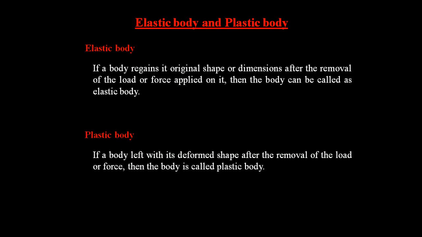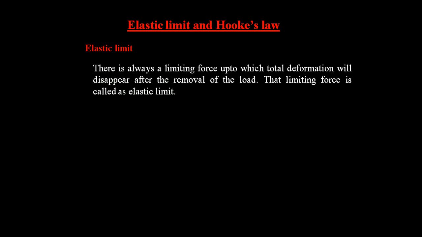Next we go for elastic limit and Hooke's law. What do you mean by elastic limit? Here again go through the definition. There is always a limiting force up to which total deformation will disappear after the removal of the load. That limiting force is called the elastic limit.